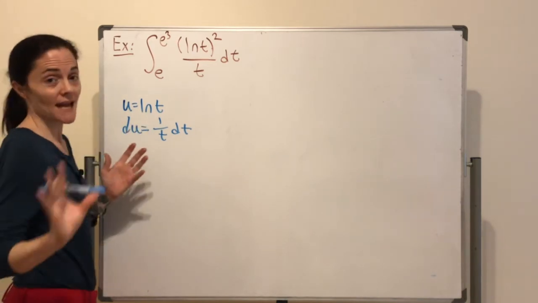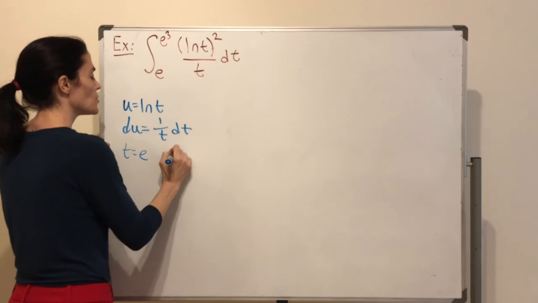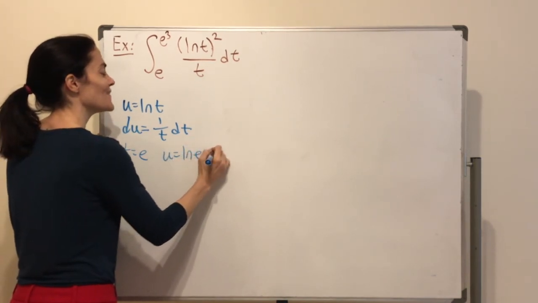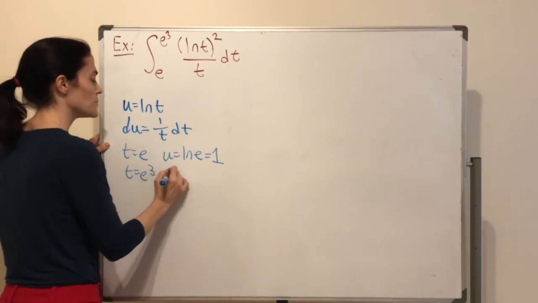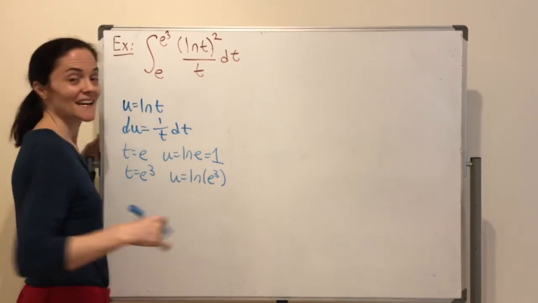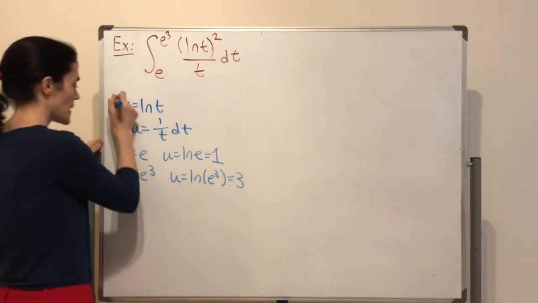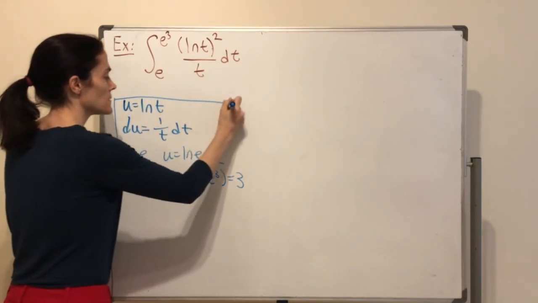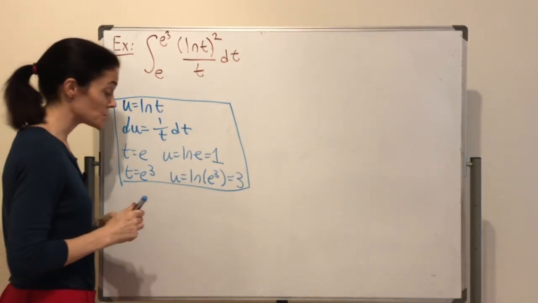But then we change our bounds. When t is e, u is natural log of e, which is 1. And when t is e cubed, u is natural log of e cubed, which is 3. Okay, so this is all of my side work for this substitution problem.